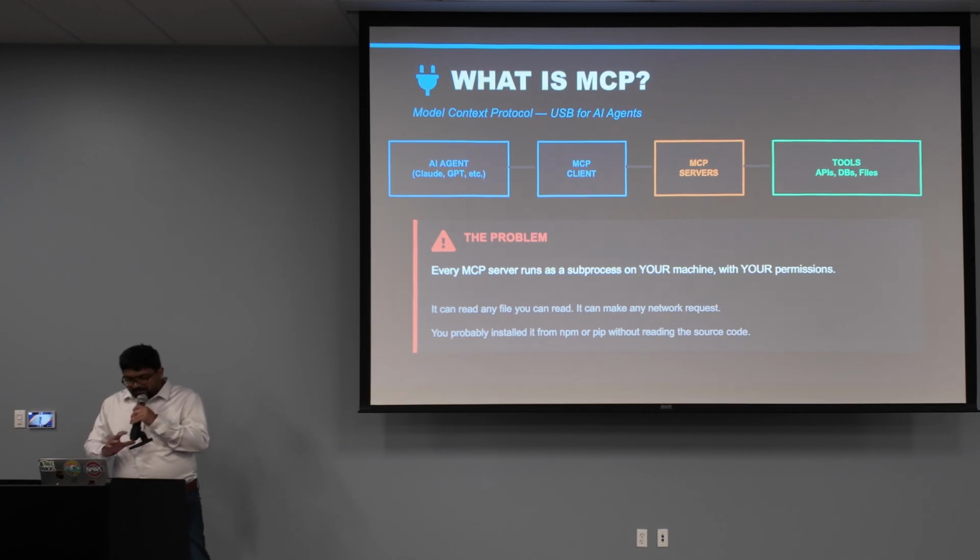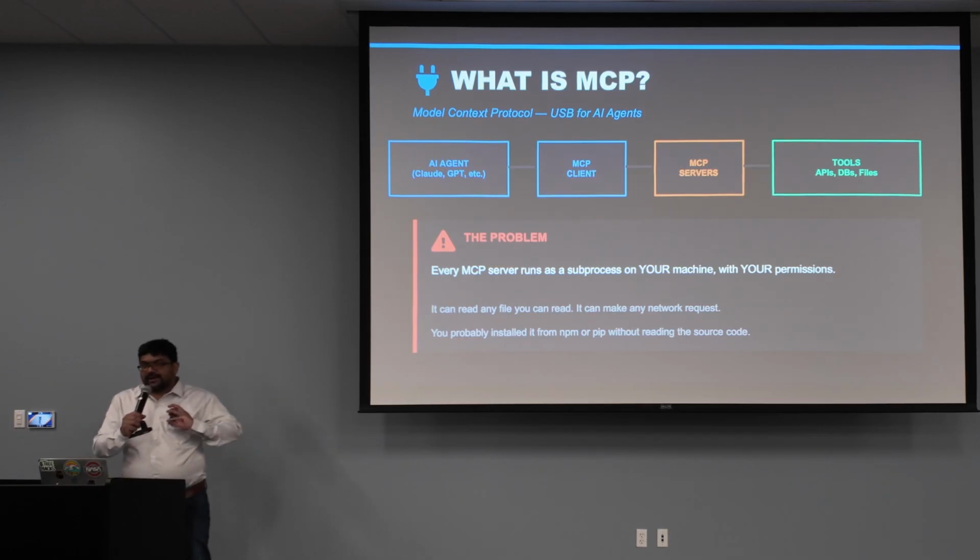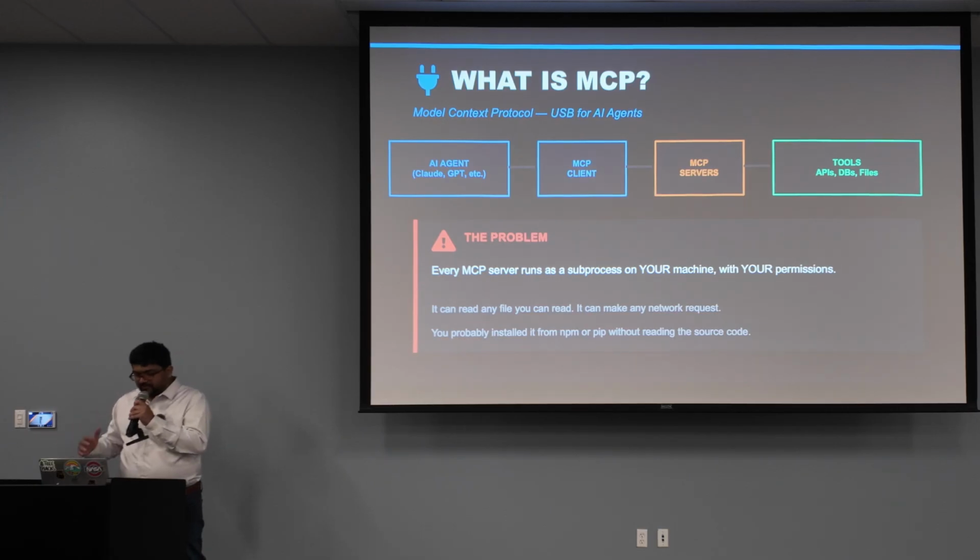The problem is that the MCP server runs as a subprocess on your machine, with your permissions. So we allow those MCP servers to access the file system, or to summarize an email and trigger an outbound email. This can also turn into an attack vector, and every hop in this pipeline can be an attack surface.